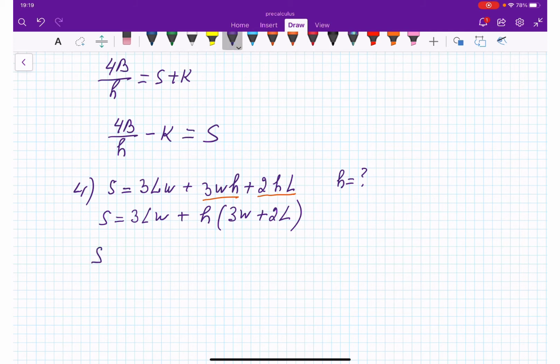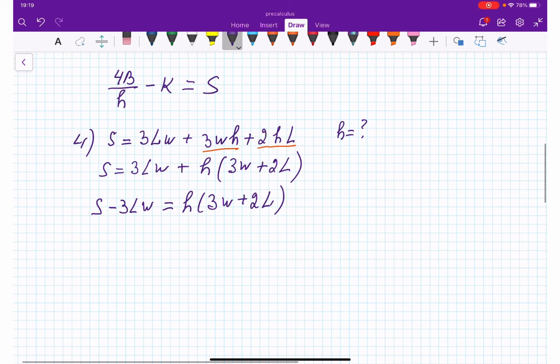Next I'm going to move this 3LW to the other side, which is going to give me S minus 3LW; it was plus, so it will become minus. That equals H times 3W plus 2L. To find H, I have to divide by 3W plus 2L. Why divide? Because I'm doing the opposite operation, right? It's multiply, so I have to divide. What is important, you cannot separate 3W or 2L, take one and leave the other, because they are in parentheses.